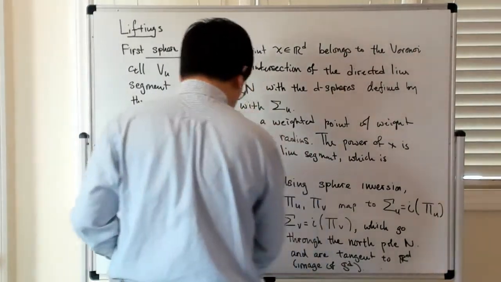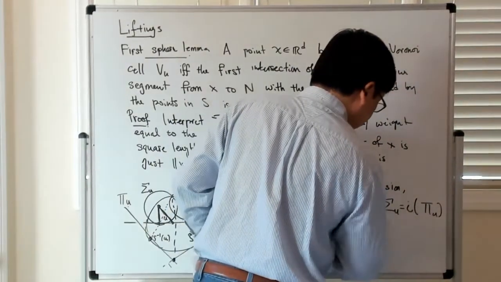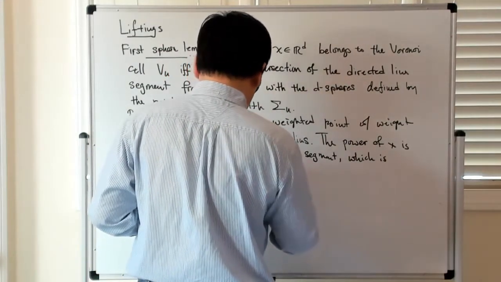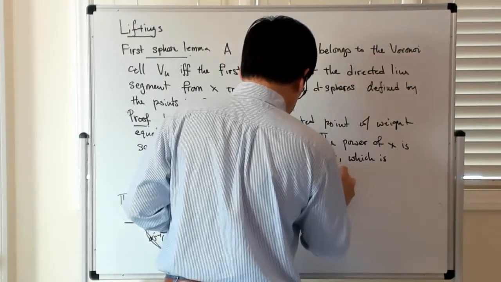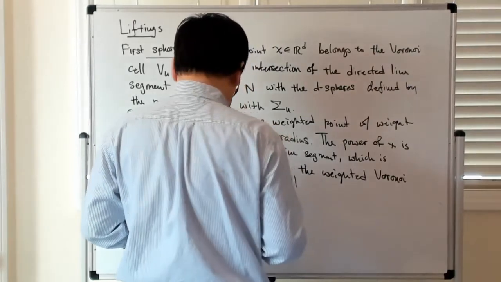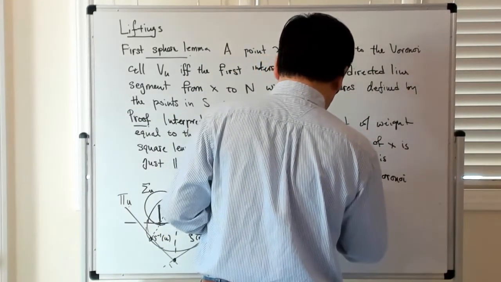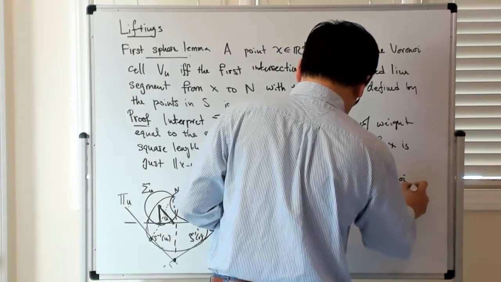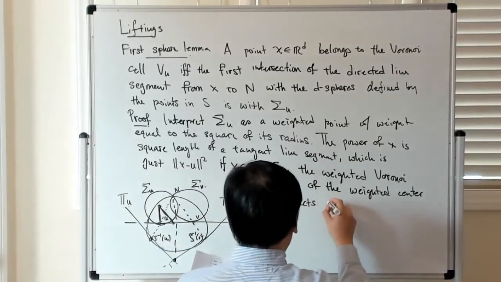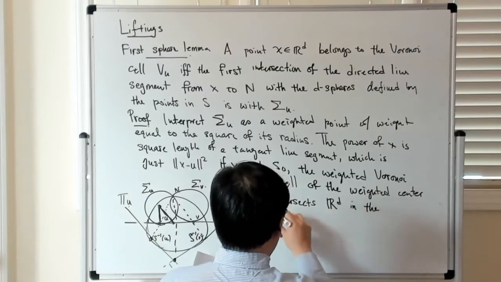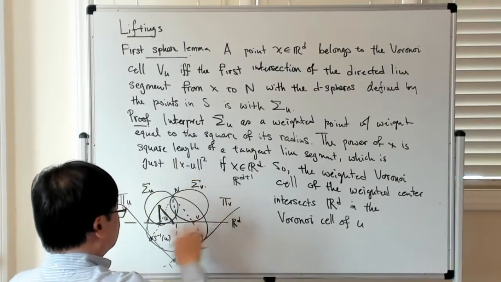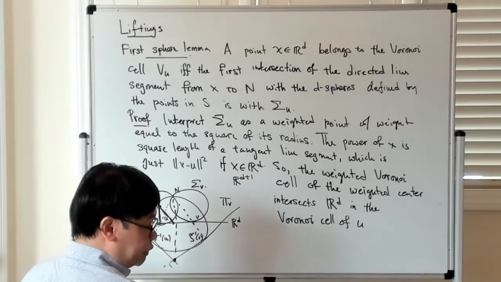Okay, so the bottom line then is that the weighted Voronoi cell of the weighted center intersects RD in the Voronoi cell of U. So these weighted Voronoi cells, which are in RD plus 1, intersect with RD to give the usual Voronoi cells.